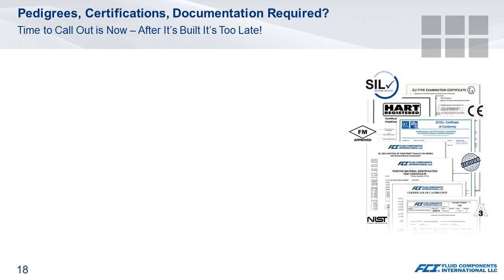And last, but certainly not least, in the specifications and callouts for thermal flow meters is, does the application require certain pedigrees, certifications, documentations? The time to call these things out is right up front, not after the fact.